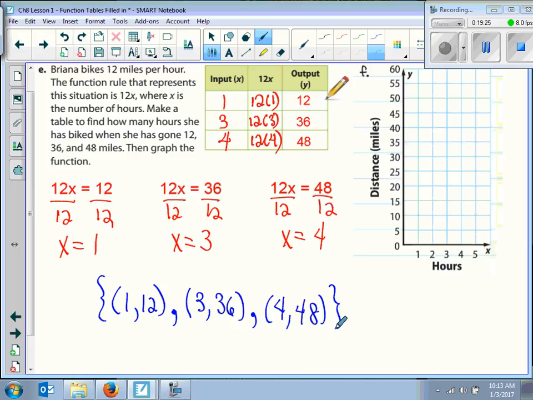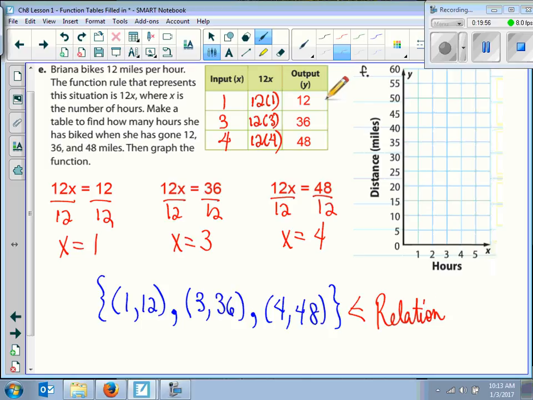This is a set of ordered pairs. This is a relation. And this function is a relation, which is a set of ordered pairs, where every input has exactly one output. You got that?